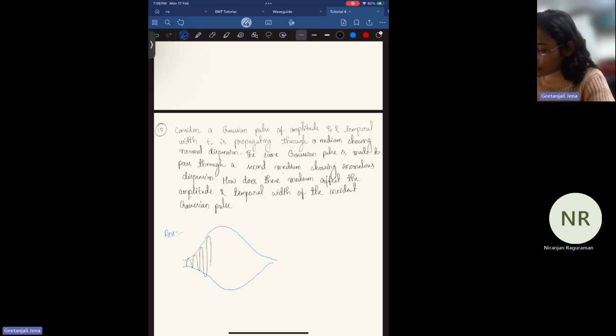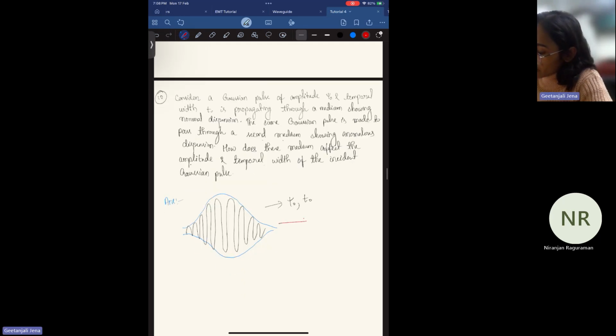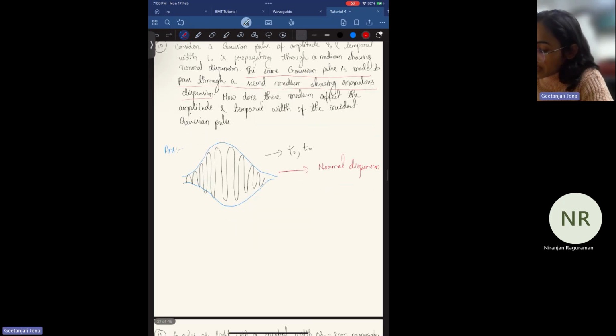The same Gaussian pulse is then made to pass through a second medium showing anomalous dispersion.